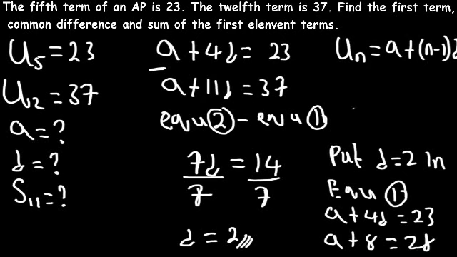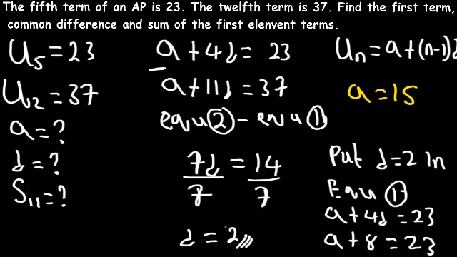If I subtract from both sides, I should get the value of a to be equal to 20. Sorry, that's a wrong statement. 23 minus 8 is 15. So the value of a will be 15 and not 20. So be very careful.